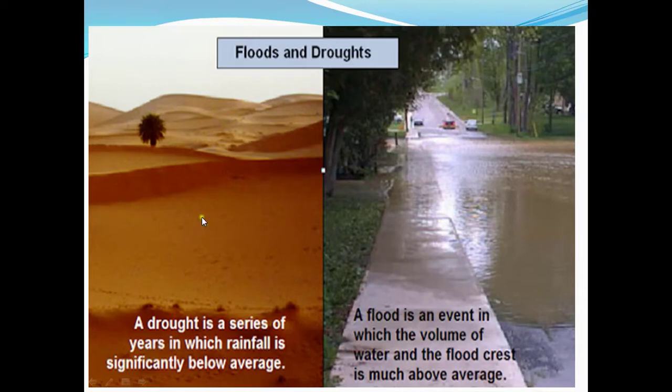We call it drought, whereas a flood is an event in which the volume of water and flood crest is much above the average. Here you can see the land, which, because there is no significant rainfall, is found like this.